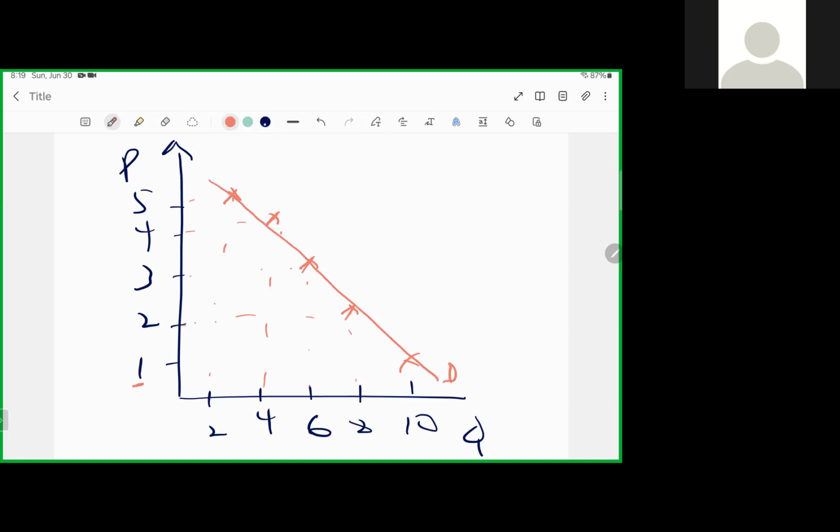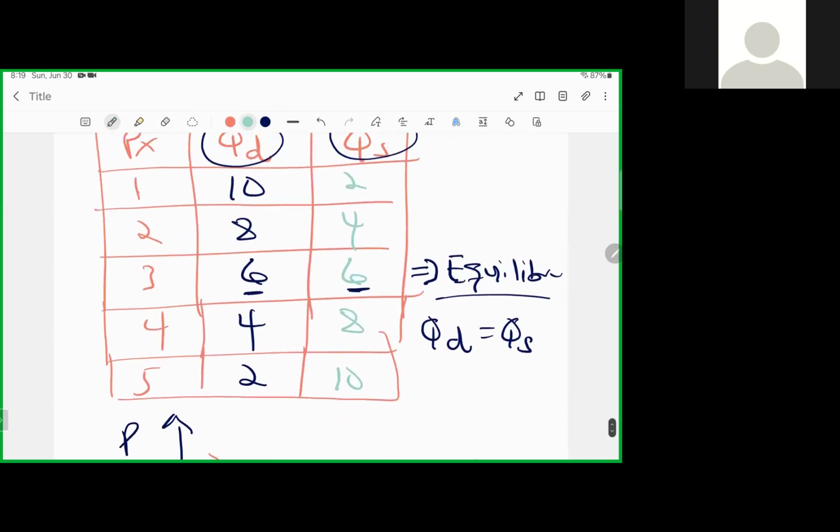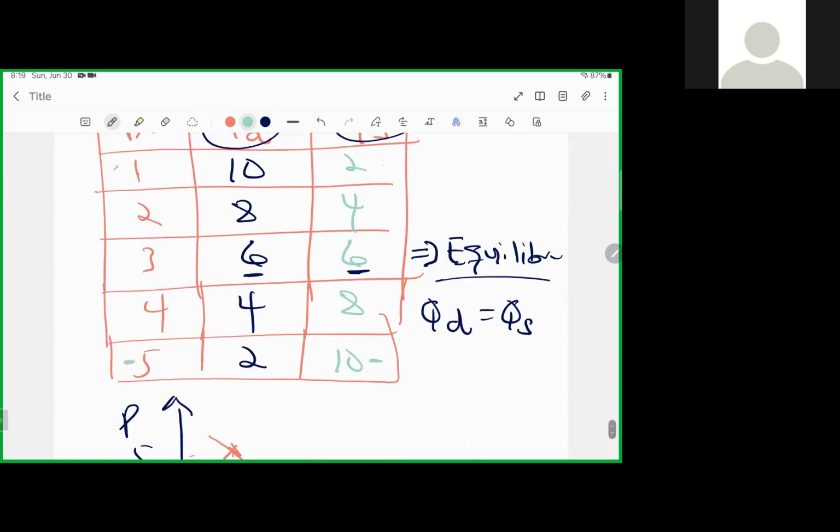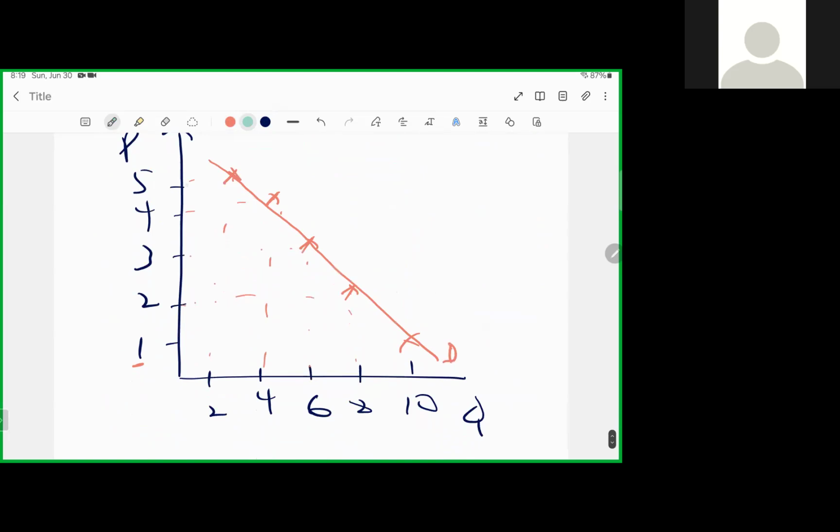Now, for the supply side, at a higher price, more is supplied, and at a lower price, less is supplied. So from the supply side, at the higher price, they will supply 10. Price has decreased to 4, then they also decrease the supply.